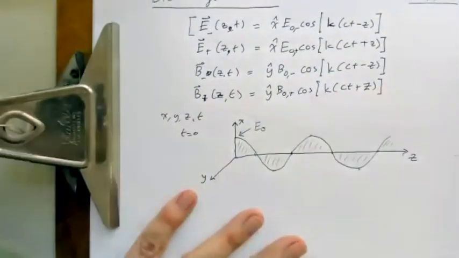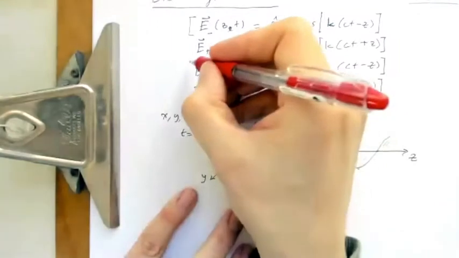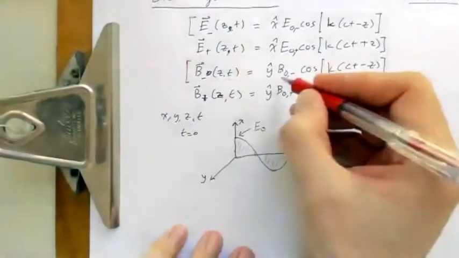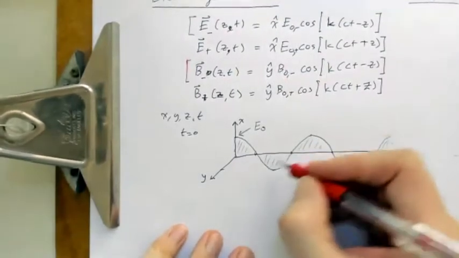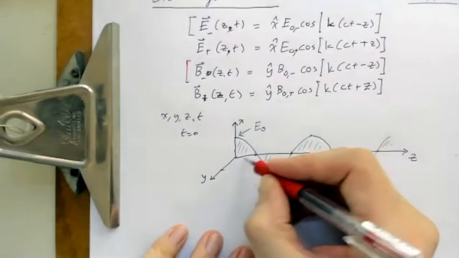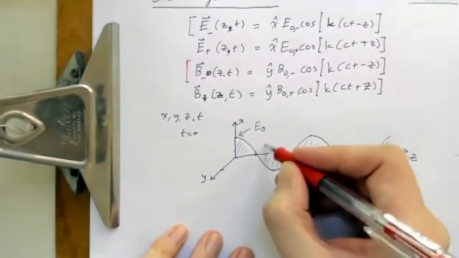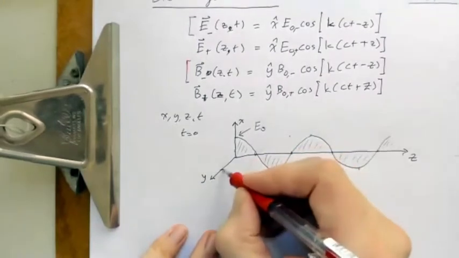And now we have the red component, that's our B field, and that goes in the y-axis somewhere here, goes through the same point because it's the same cosine, but then instead it goes, hang on a second, goes through here. So it goes like this.